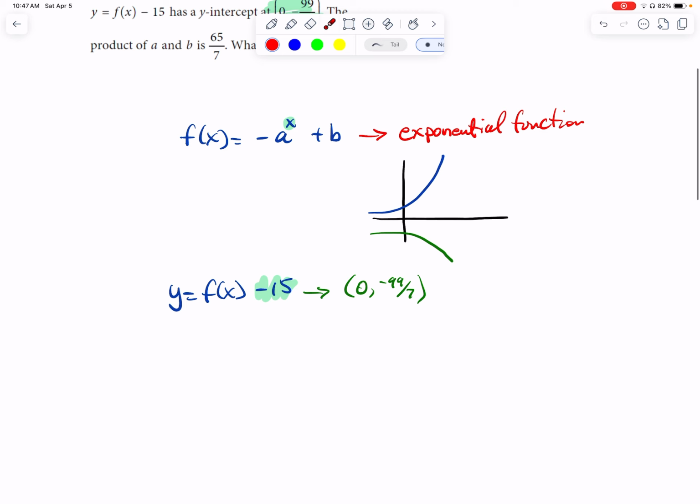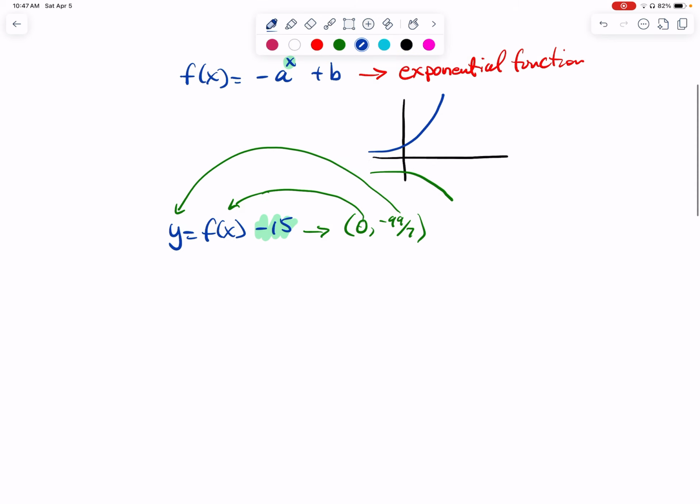What I mean by that, of course, is I would just take the 0 here and plug it in for x, and then take the negative 99 over 7 and plug it in for y. While I'm doing that, I might as well go ahead and plug in f of x, where f of x is in the y equation.